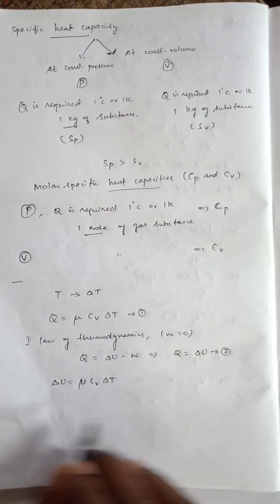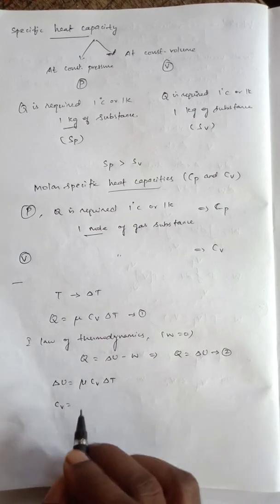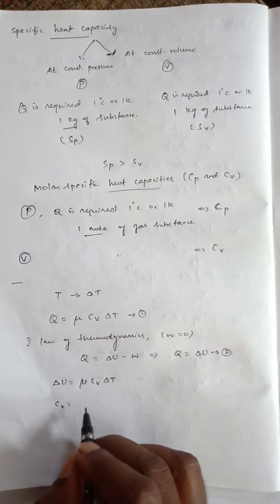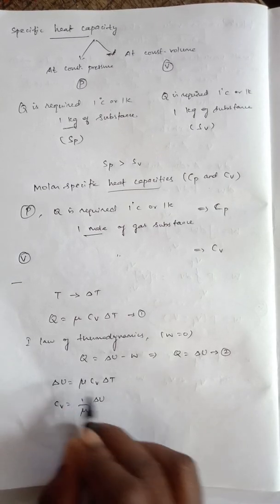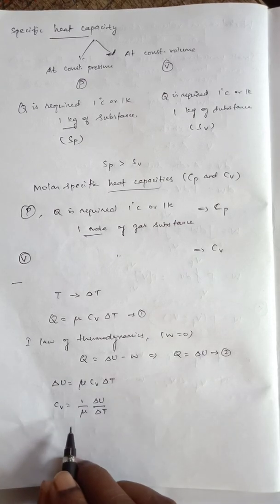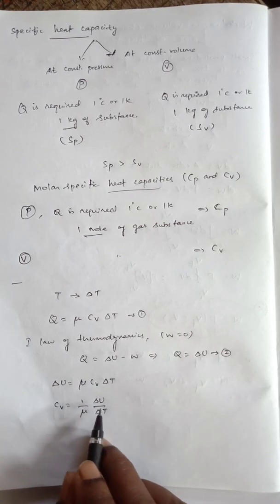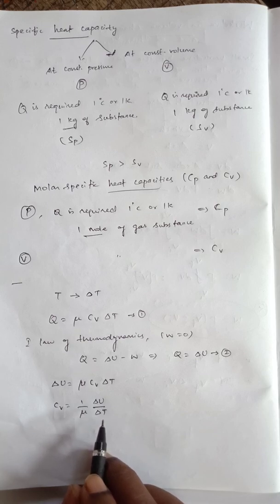So in this relation, what is Cv? The multiples can be divided here: divide by mu, then we have del U on the left side, and divide by del T. So Cv is equal to 1 by mu del U by del T. Certain times there is no change in the temperature, which means Tf minus Ti equals 0, the same temperature.